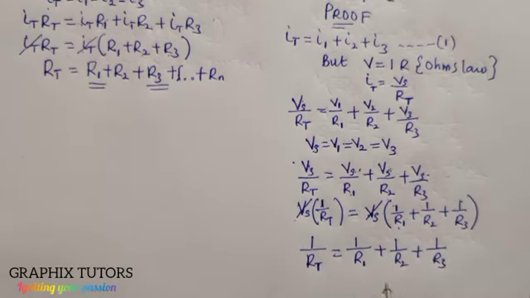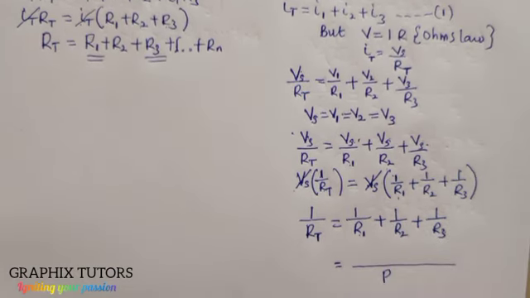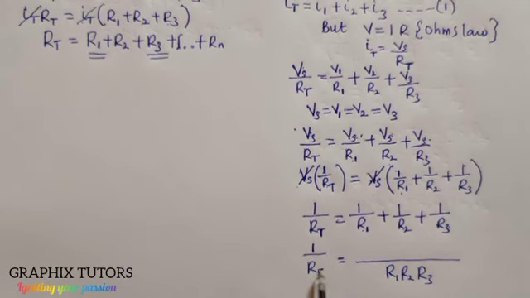Now in this case, I'm going to be looking for the LCM. The LCM here is R1, R2, and R3, so I write it out: R1, R2, R3. Now I'm still left with 1 over R total here.